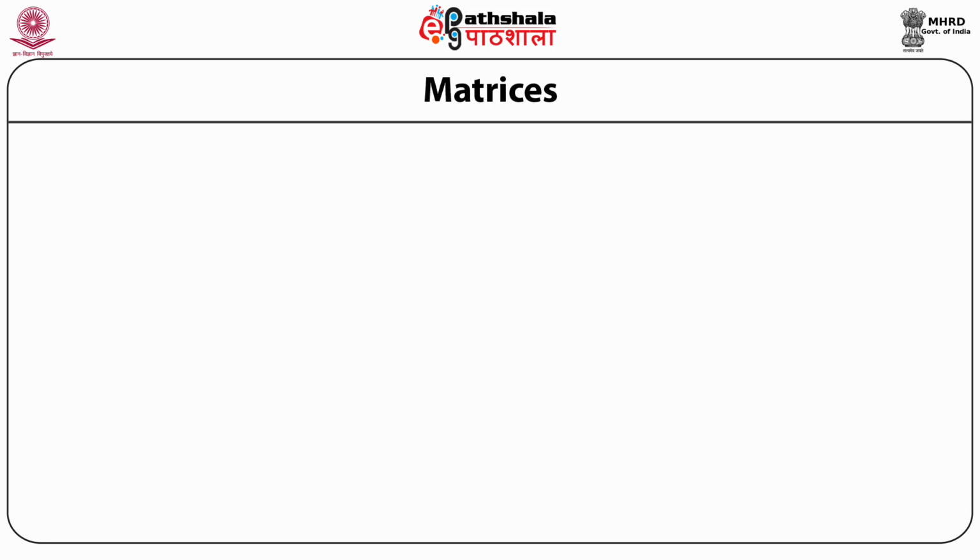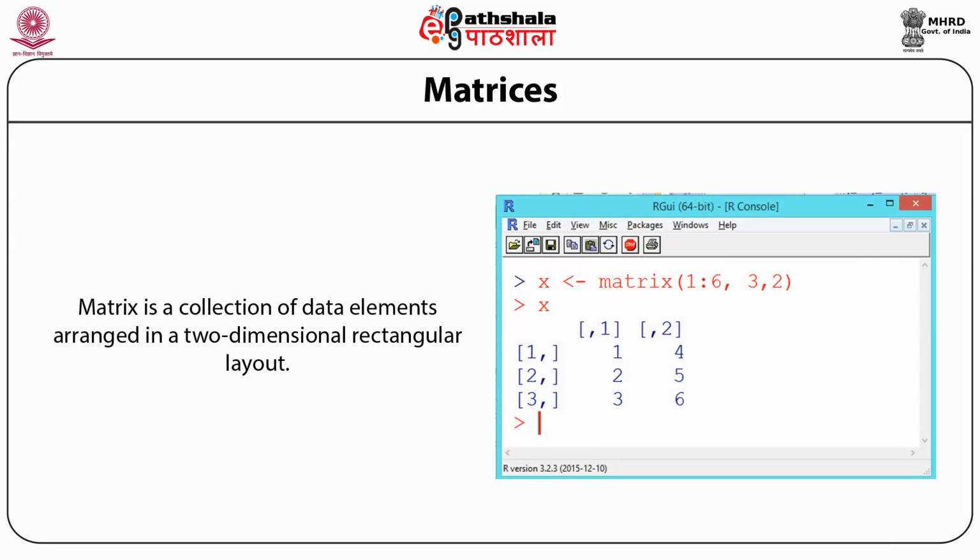The other data type is matrices, which is also very important for R data types. A matrix is a collection of data elements arranged in a two-dimensional rectangular layout. Here we have used the matrix function and assigned it to one object, x.